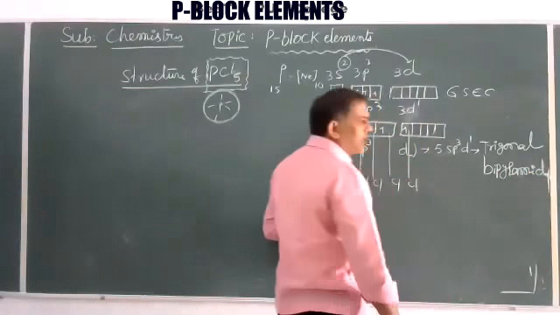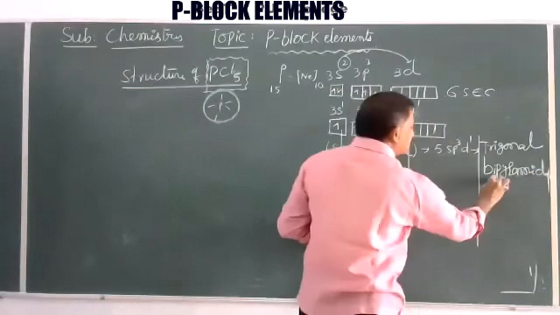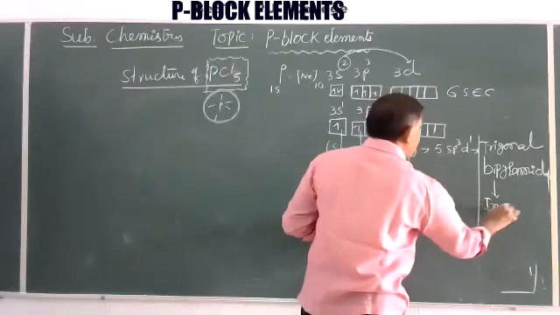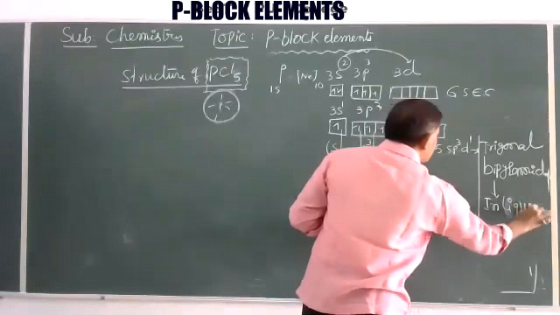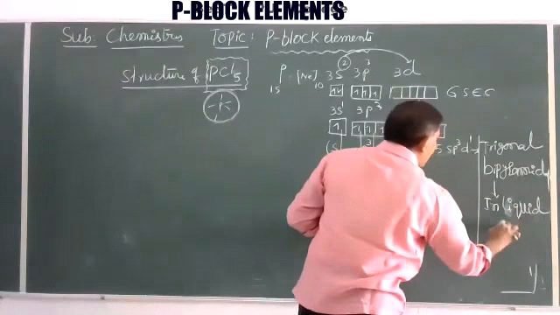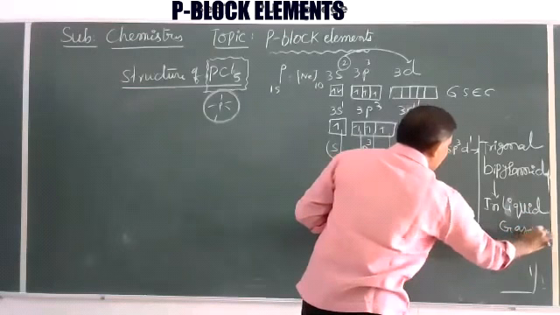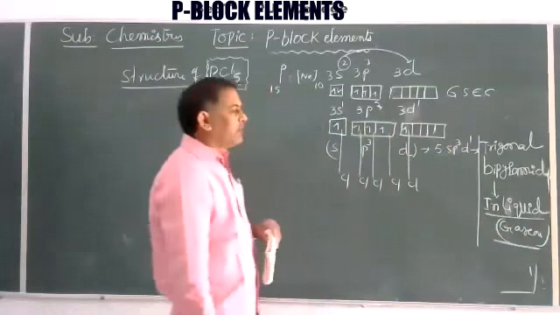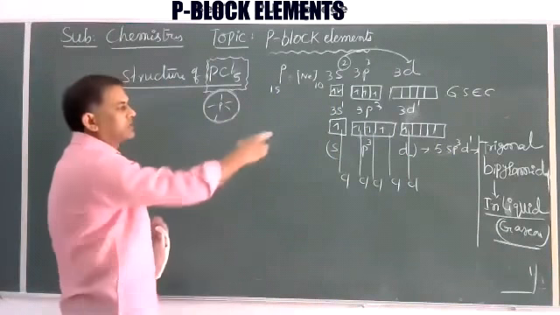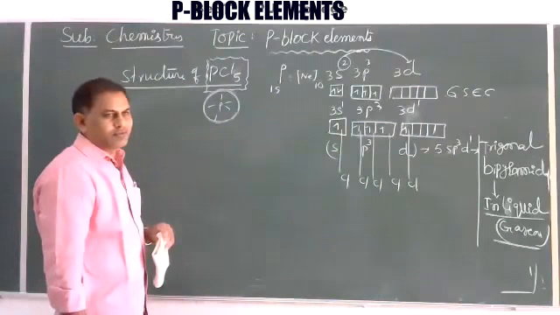But this trigonal bipyramidal structure is generally in liquid or in gaseous state. Liquid or gaseous. Very, very important. What is the structure of PCl5 in a liquid or gaseous state? Trigonal bipyramidal structure.